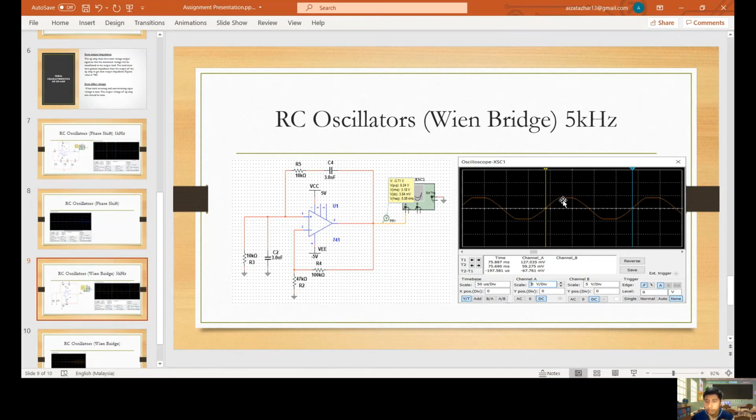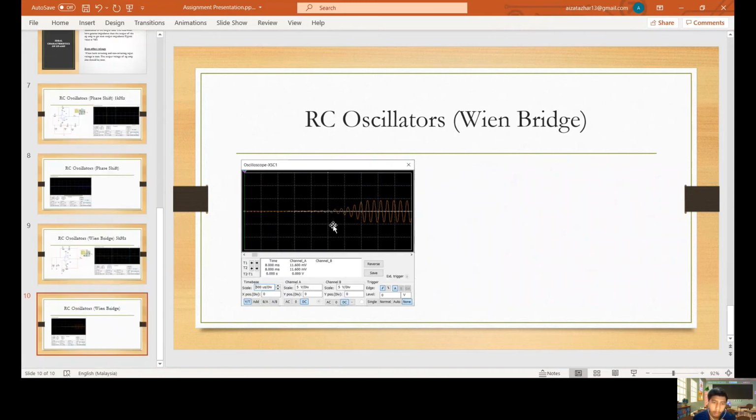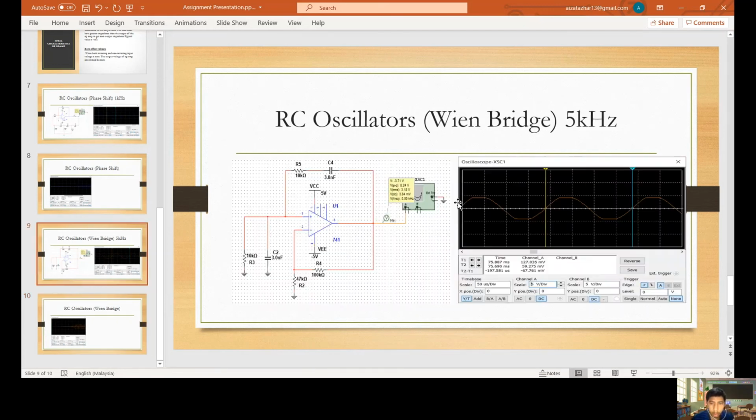Therefore the amplitude for the circuit is also 4.1 volt. So this is the initial result. From 0 volt, it increases periodically. So this is the result.